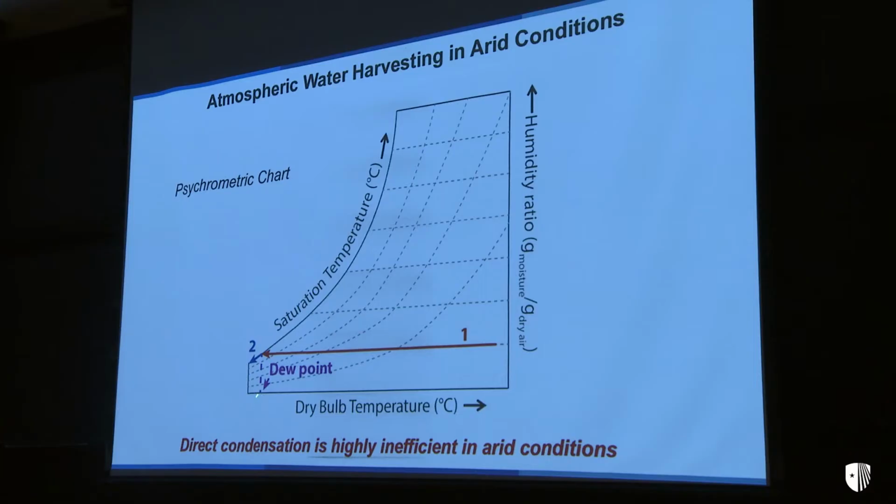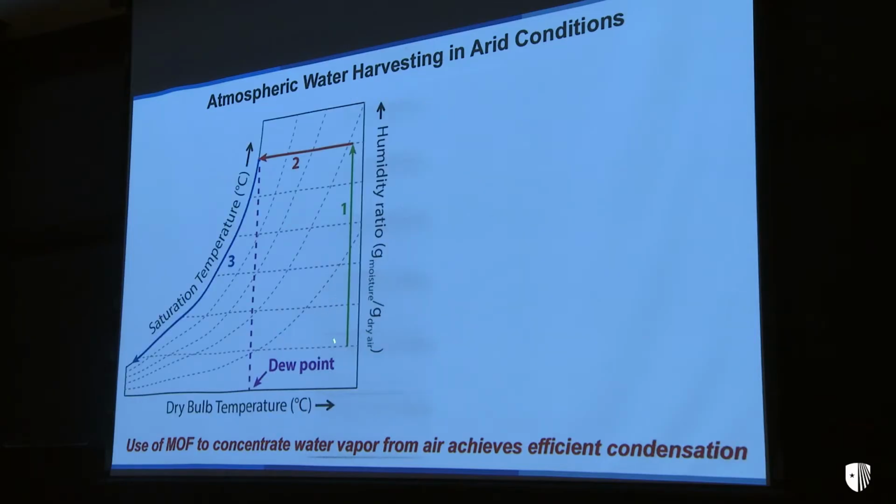This over here could be 0 degrees Celsius, maybe even less than 0 degrees Celsius, to be able to concentrate enough water in the atmosphere to condense. And so our idea is that if you have a MOF that traps water from the atmosphere, you can increase the humidity within a container and therefore not have to cool down too much to be able to condense.